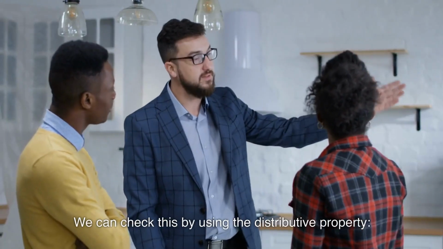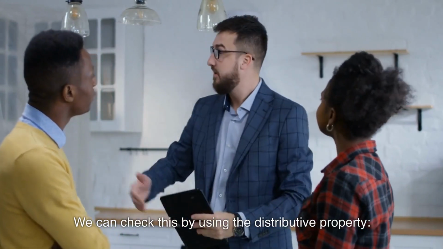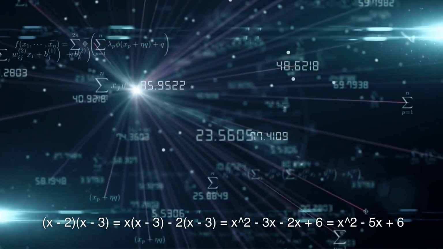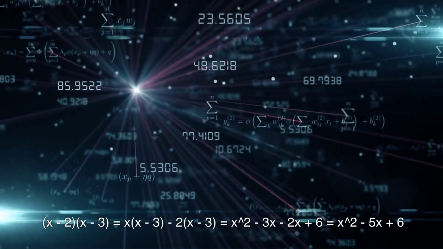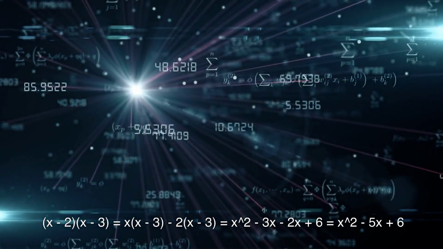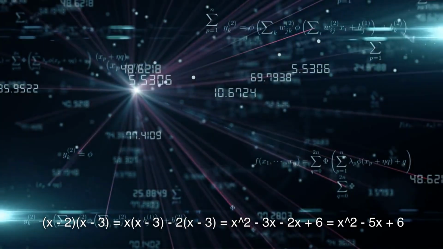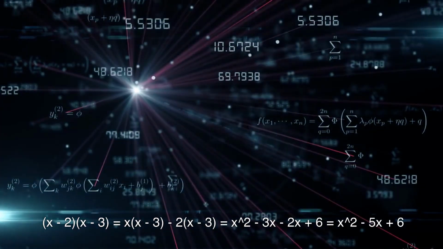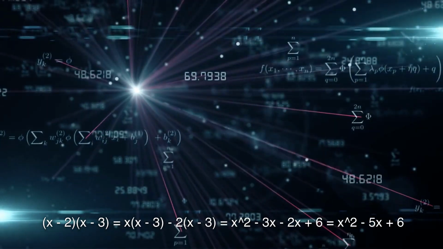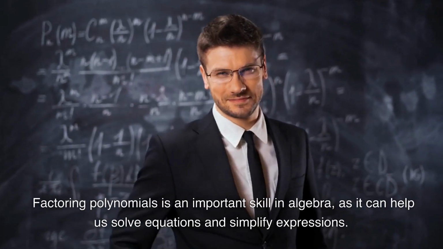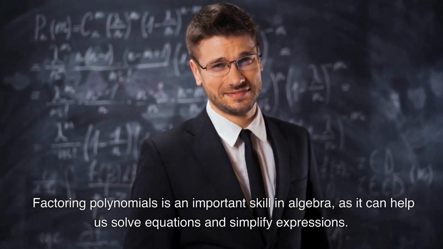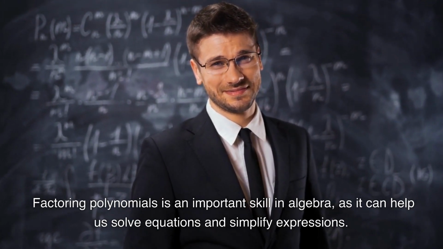We can check this by using the distributive property. (x - 2)(x - 3) = x(x - 3) - 2(x - 3) = x² - 3x - 2x + 6 = x² - 5x + 6. Factoring polynomials is an important skill in algebra, as it can help us solve equations and simplify expressions.